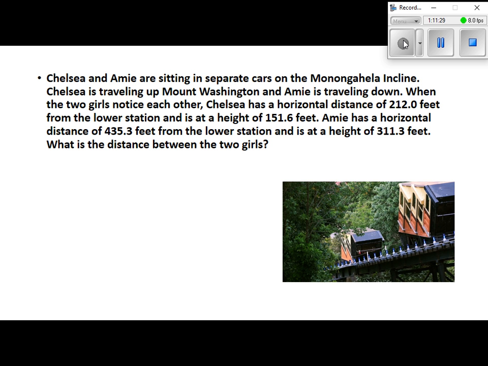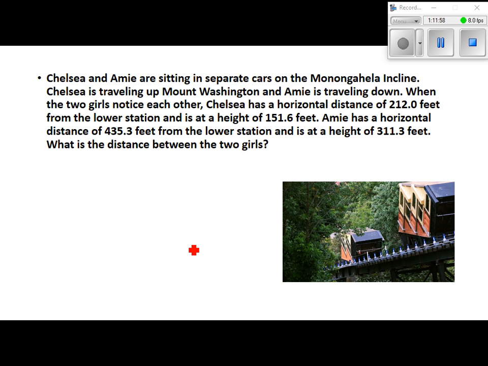When the two girls notice each other, Chelsea is a horizontal distance of 212 feet from the lower station and is at a height of 151.6 feet. Amy has a horizontal distance of 435.3 feet from the lower station and a height of 311.3 feet. What is the distance between the two girls?